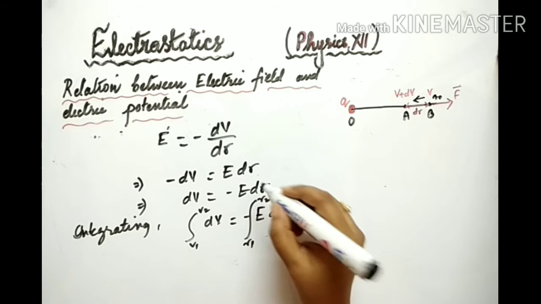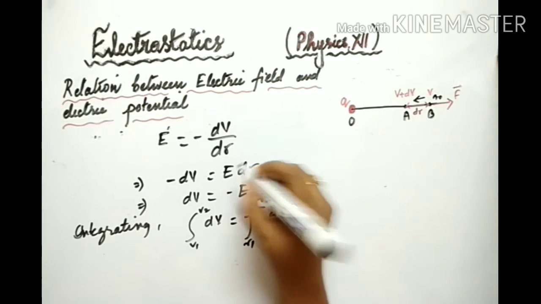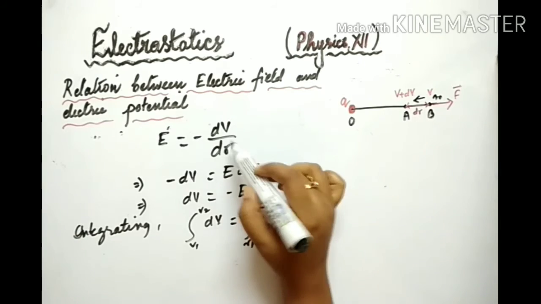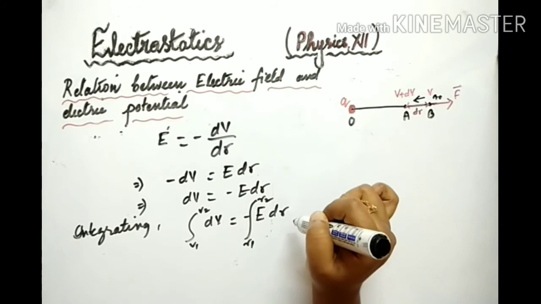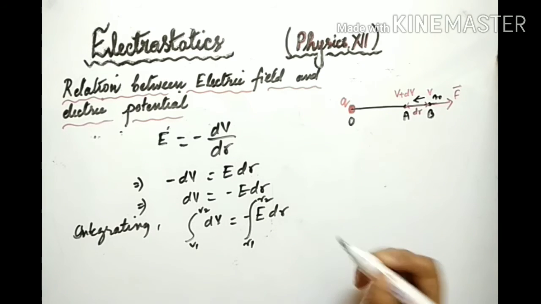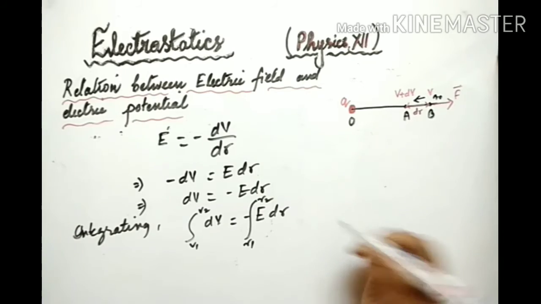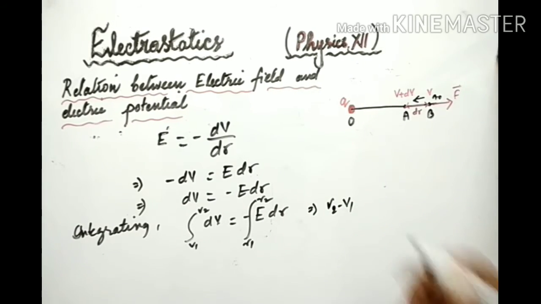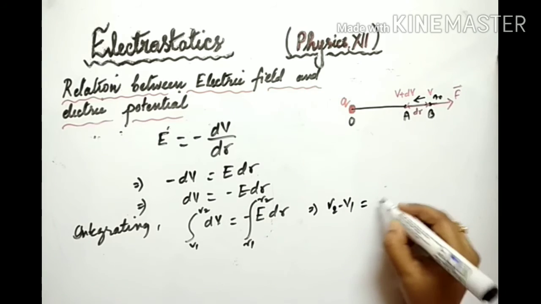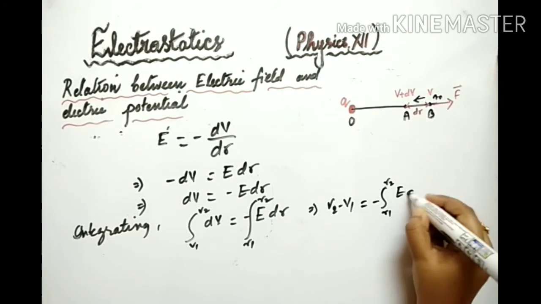We have written it in scalar form. Okay, so now if you are asked to find out the value of V, this can be written as V2 minus V1, okay, equals minus integration r1 to r2 E dr.